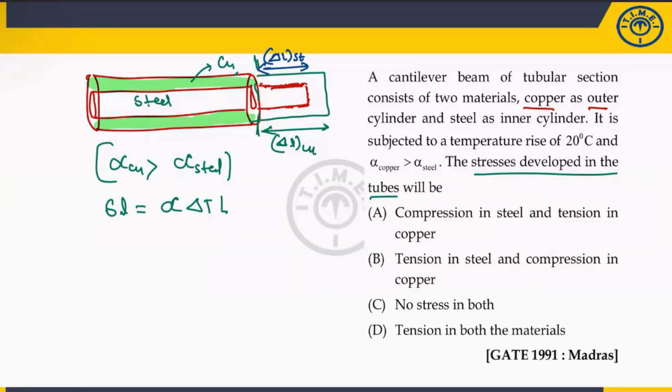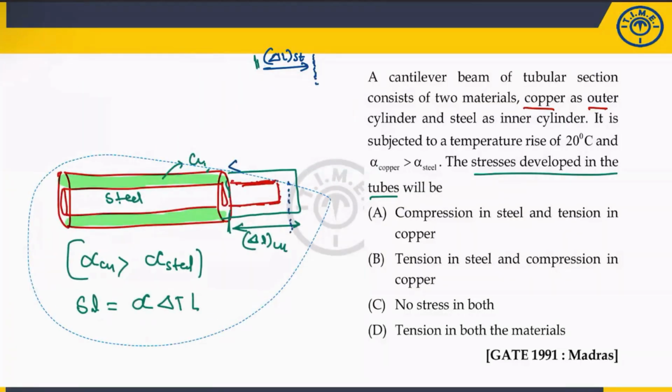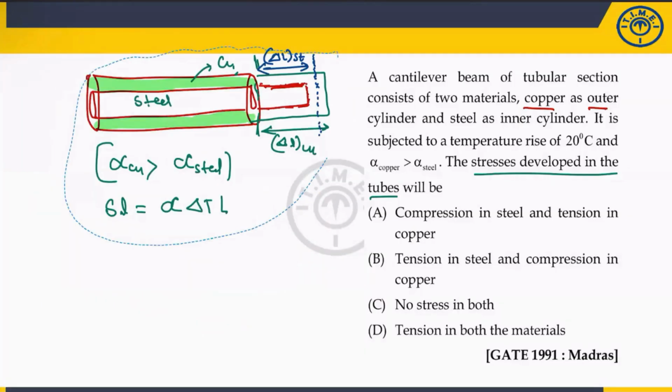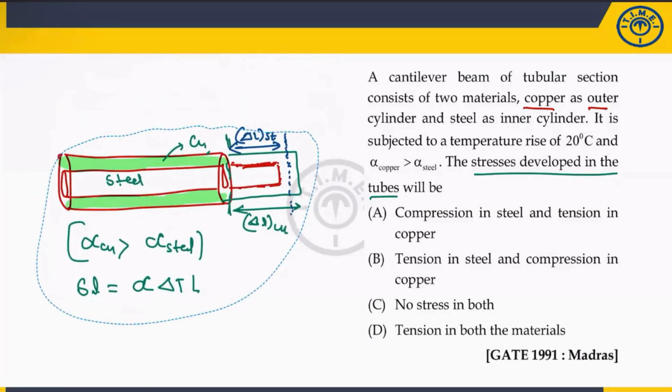Let us suppose, because of the parallel combination, I take it a little bit downward. So alpha of copper is greater than alpha of steel. Can I say this is the total composite deformation?